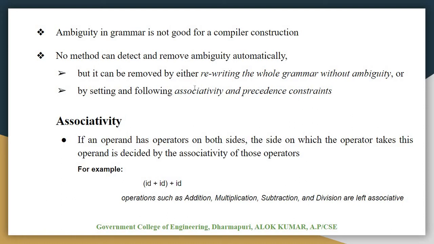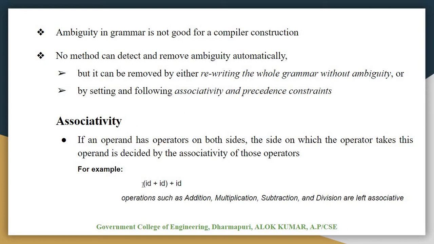So what are associativity and precedence rules? Associativity: if an operand has operators on both sides, the side on which the operator takes this operand is decided by the associativity of those operators. Suppose here one example we have taken is ID plus ID plus ID.